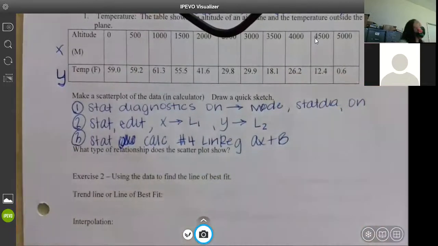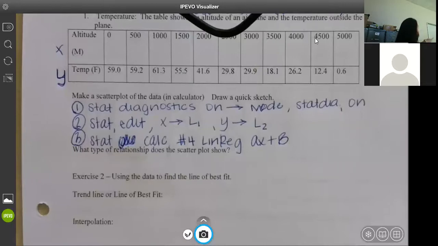Okay. Your last step, and all I did was write it down. I haven't done it on the calculator yet. Last step is go back into that stat. You're going to go over to calc, and then number 4 is reg, linear regression, AX plus B. You got all yours in now?